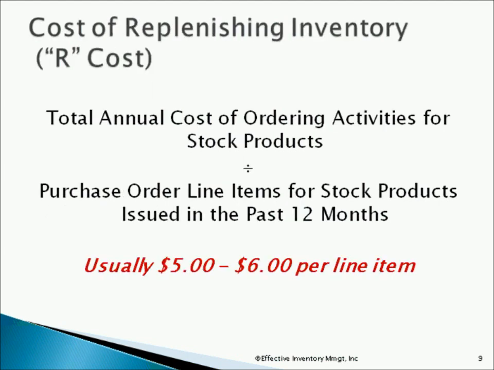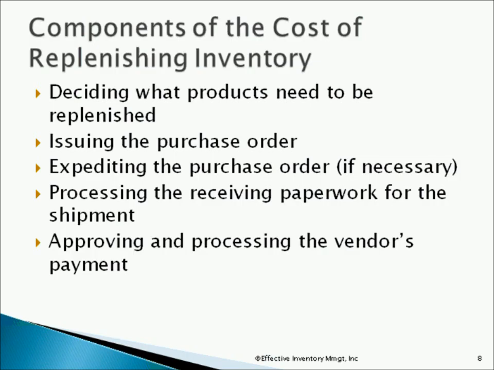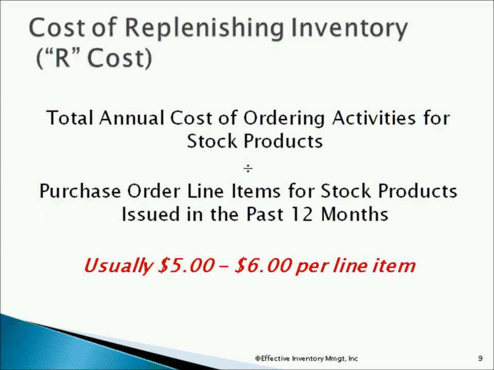Okay? It's calculated by taking the total annual cost of all of your ordering activities, all of the costs that you see listed here, your cost of buyers, material supplies, your receiving people's salaries, your accounts payable people, all those costs divided by the number of purchase order line items for stock products issued in the past 12 months.